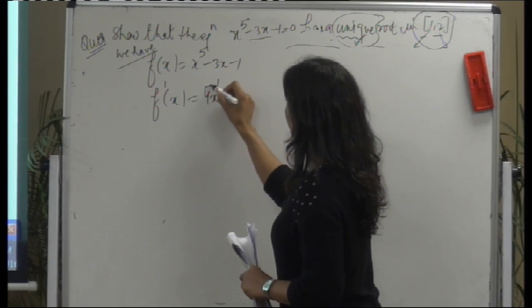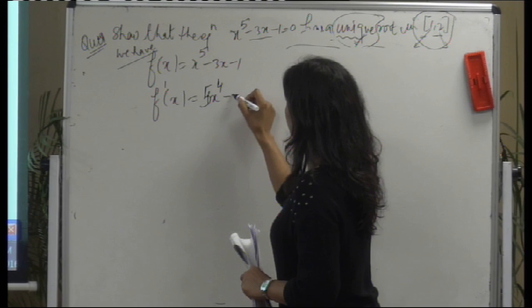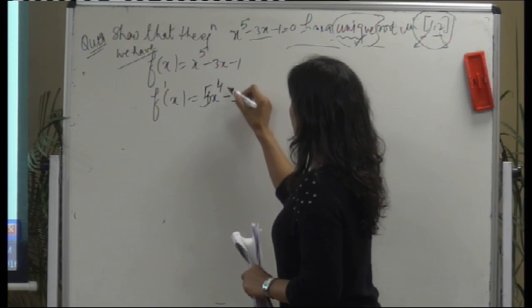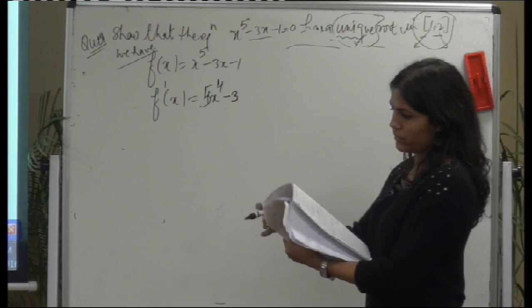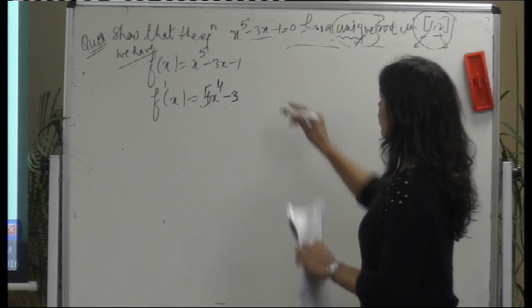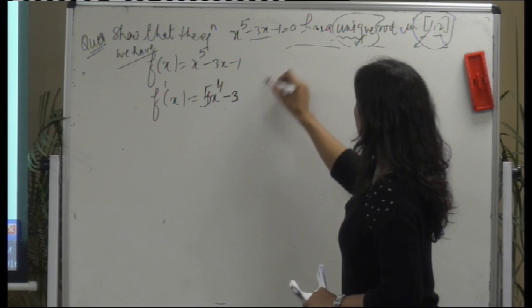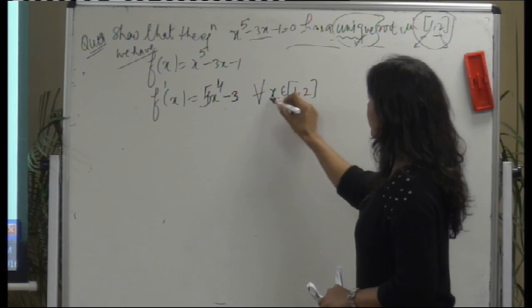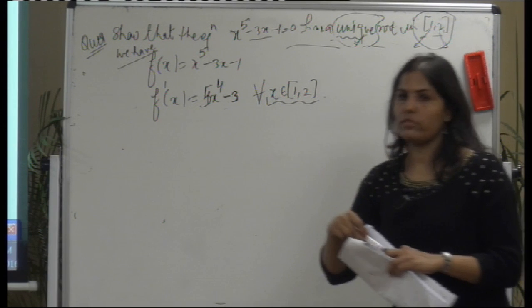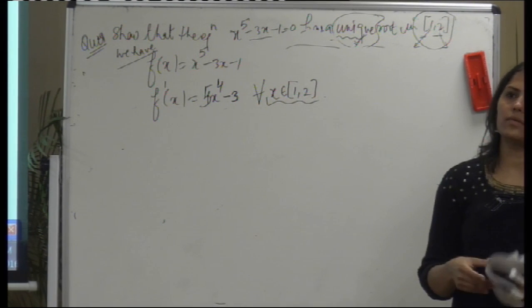Oh sorry, 5x power 4 minus 3, and the interval is for all x within the interval 1 to 2. So in this interval, what can we say about our function? Is it increasing or decreasing?